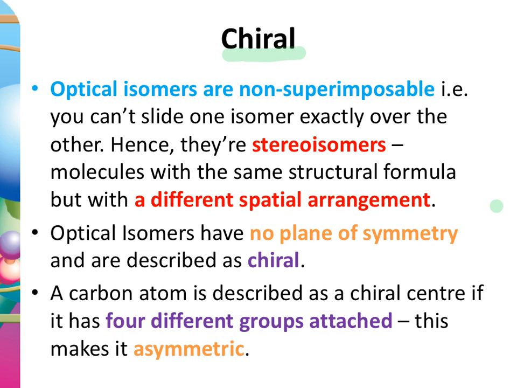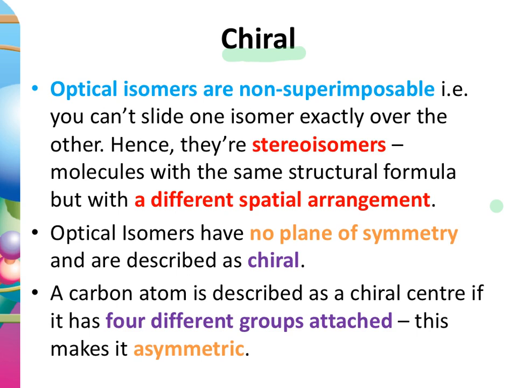That means you can't slide one over the other. A good example of that is your hands. If you put them in front of you now, you can see they are mirror images of each other, really. You could put a dotted line between them and it would look like one was the reflection of the other. But they're non-superimposable because they occupy a different spatial arrangement, right?